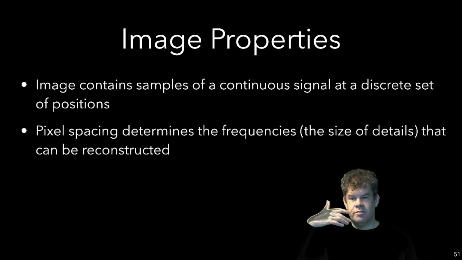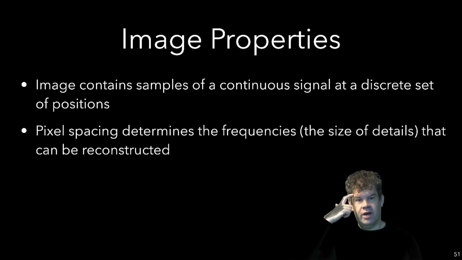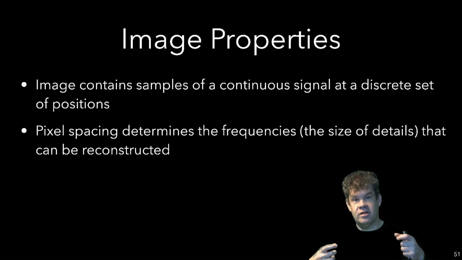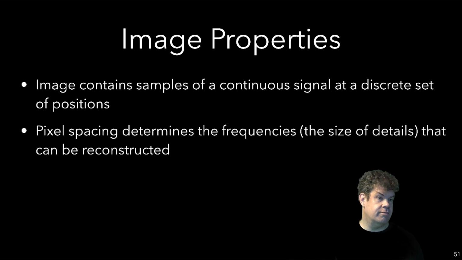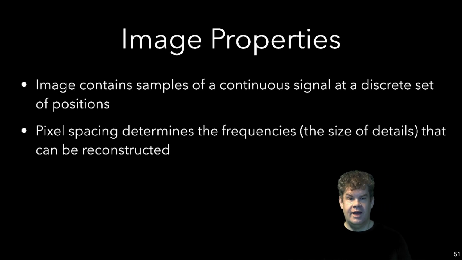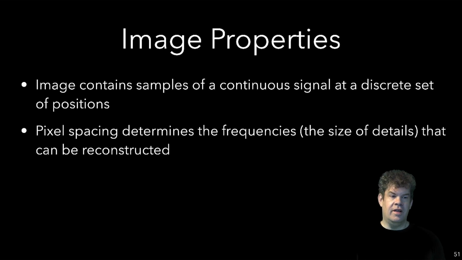And there's a bunch of trivial implications of that, right? Your pixel spacing, the resolution of your screen, determines how well you can handle the world. More pixels, more resolution, better quality. As simple as that, right? I don't think that requires any further explanation.